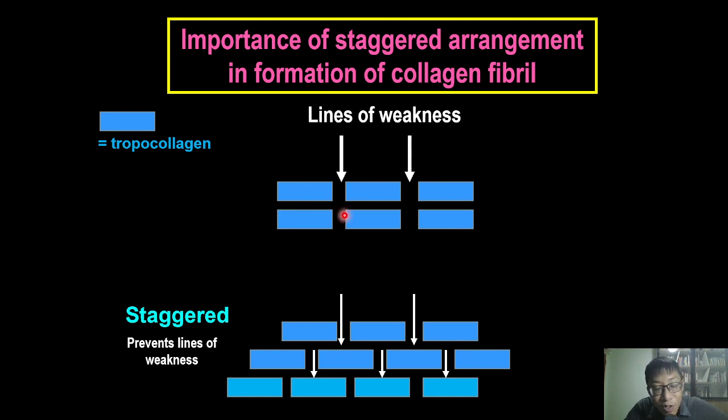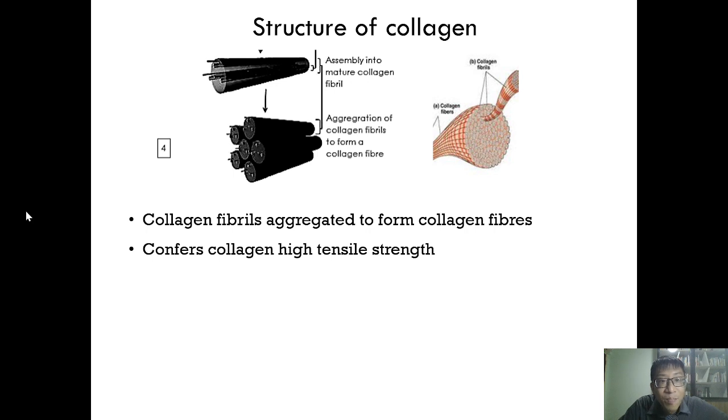Then the collagen fibril structure will be weaker because there are lines of weakness, but not when it is staggered. Okay, so the tropocollagens associate into collagen fibril, and then multiple collagen fibrils will also associate to form the collagen fibers, and that's where we have collagen.